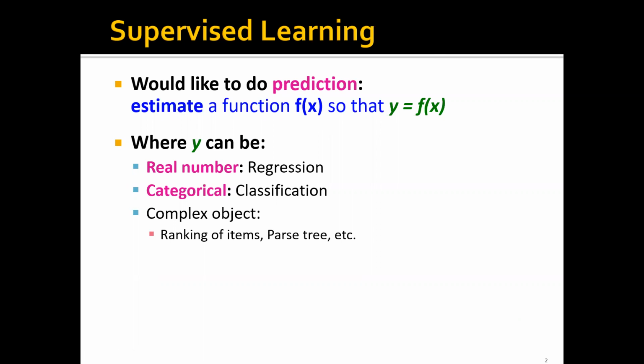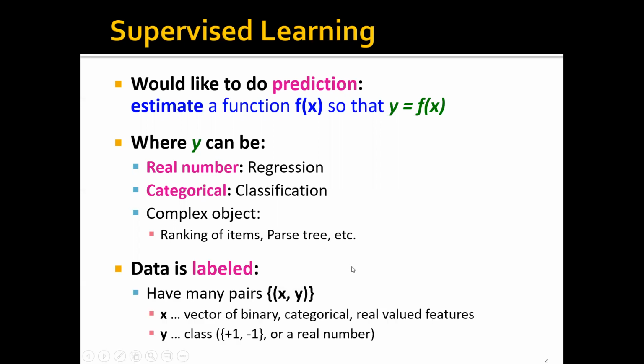For example, if we're given an email and we're trying to predict whether or not this email is spam, then the label y will be a categorical value. Y can also be some even more complex object. For example, it can be the ranking of items or parse trees, etc.